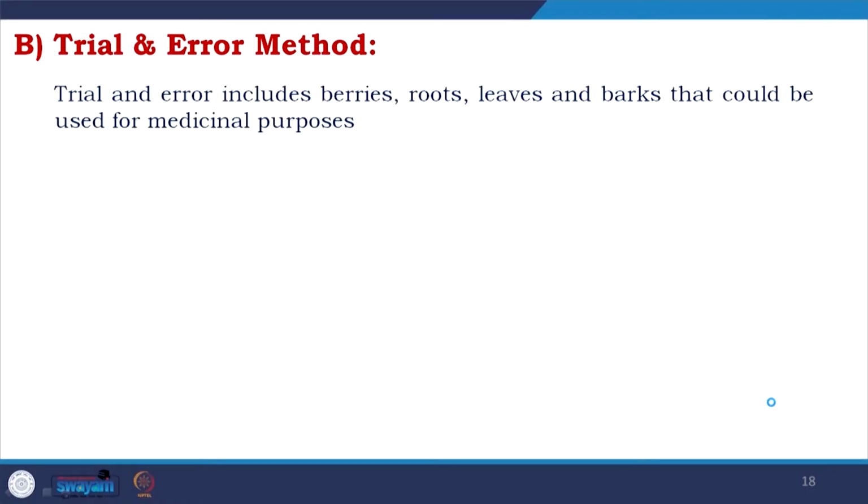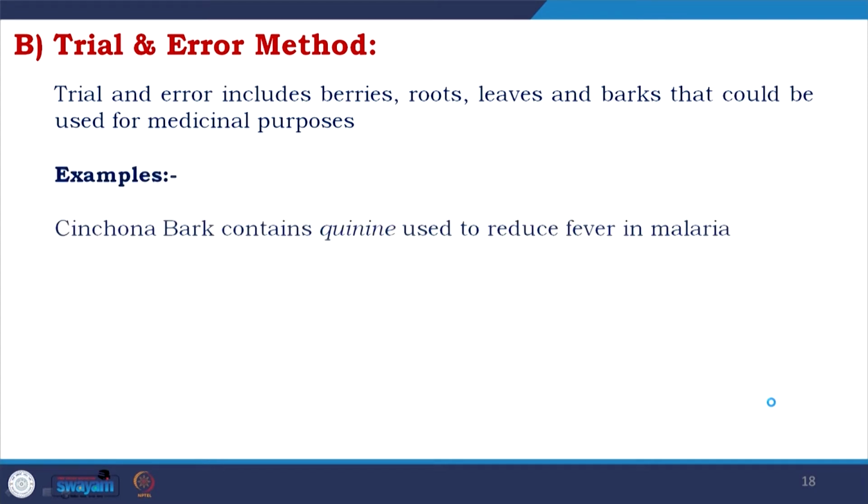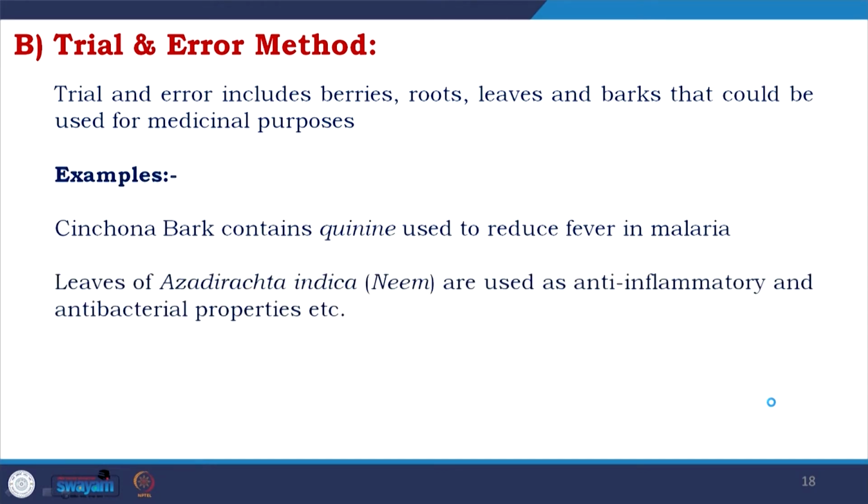Coming to trial and error method. Trial and error includes berries, roots, leaves and barks that could be used for medicinal purposes. A few examples are cinchona bark, which contains quinine, used to reduce fever in malaria.